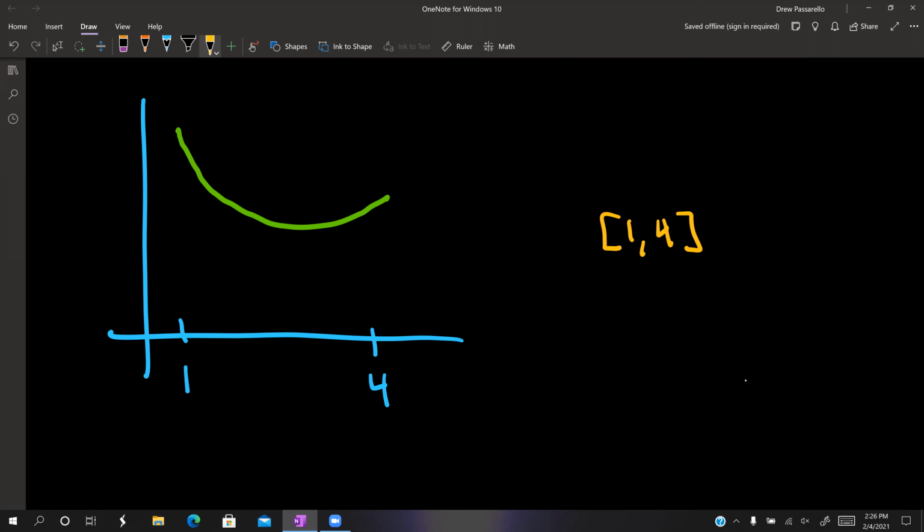I just choose some slices of my interval, and these subintervals don't necessarily need to have the same length. In calculus, they treat it like they do have the same length. So let's say this is the first subinterval, second one, third one, and then those are the ways that I'm slicing it up.